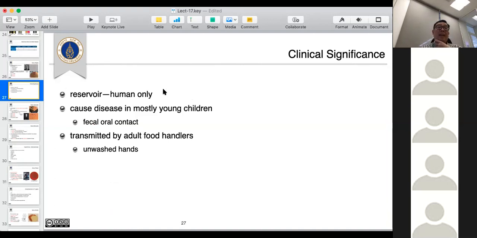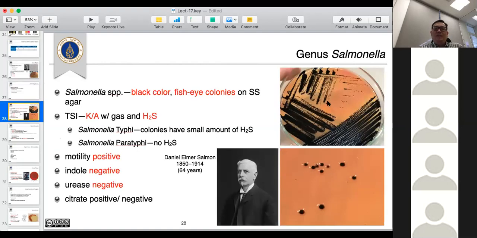So you would get infected with Shigella by eating contaminated food or contaminated water. And contaminated food comes from contaminated hands, so washing hands can help a lot. Okay, this is Shigella. Another species using the same media is called Salmonella.